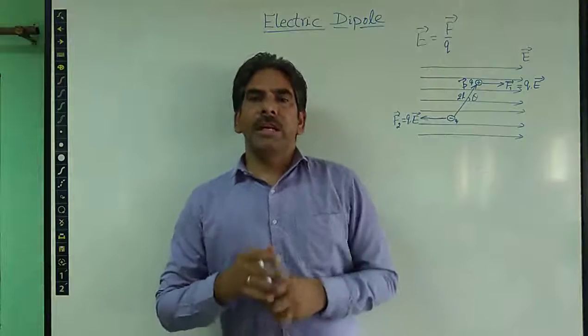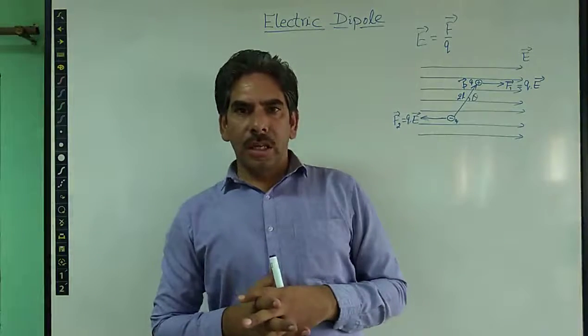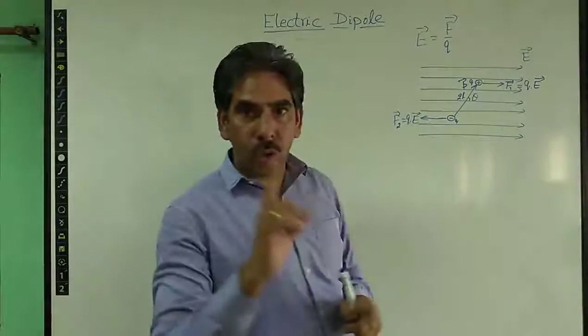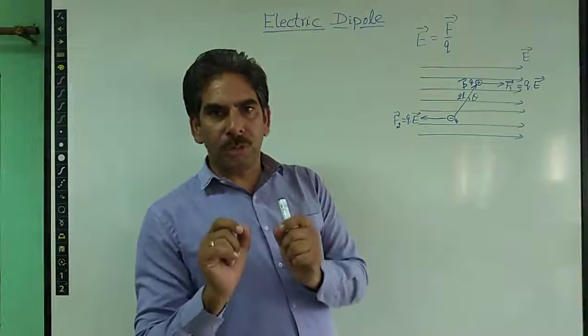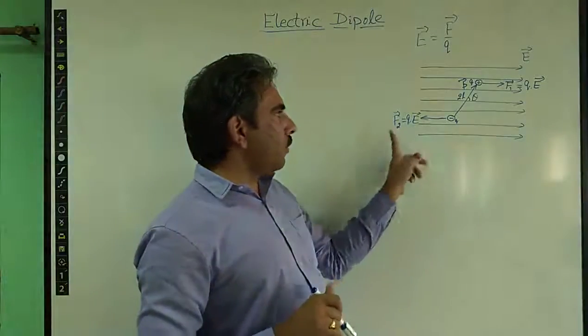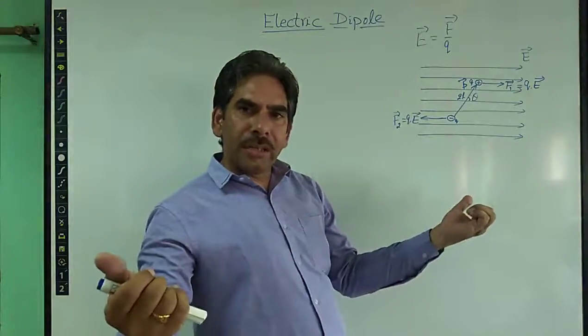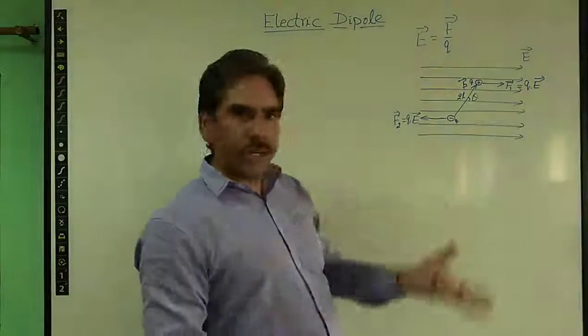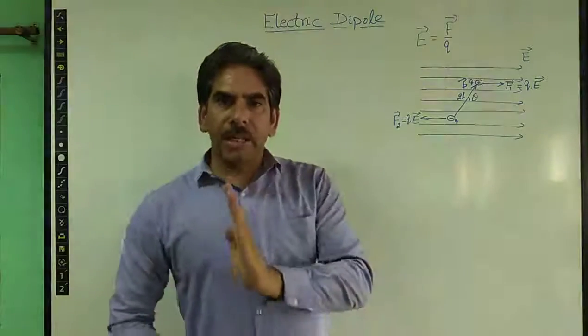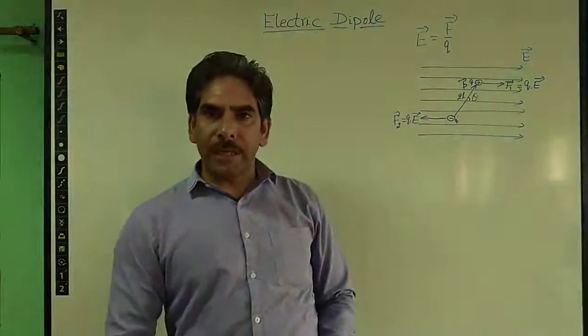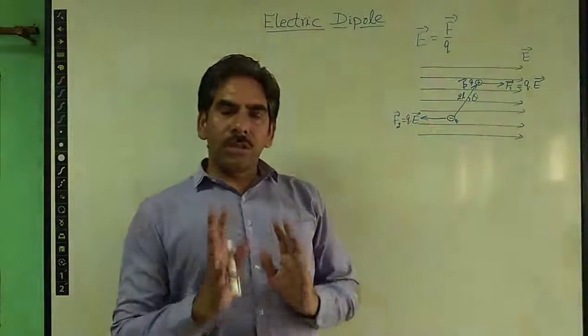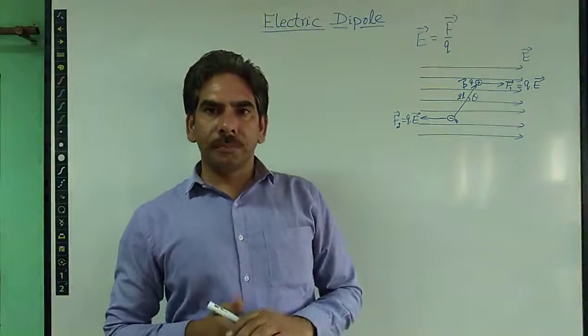And if we try to find the total force on the dipole, it will be 0. Total force, I am talking about total force. Please focus on the words. Because the forces are equal in magnitude and opposite in direction, the total force reduces to 0. So whenever an electric dipole is placed in a uniform electric field, the total force on the dipole becomes 0.